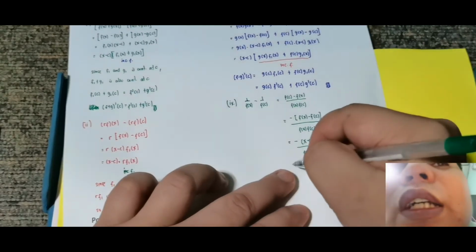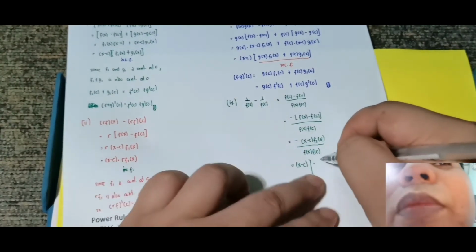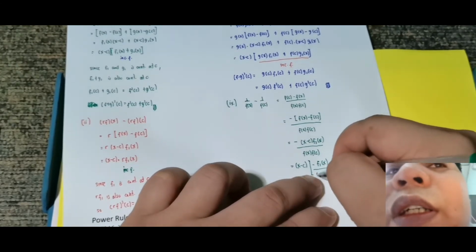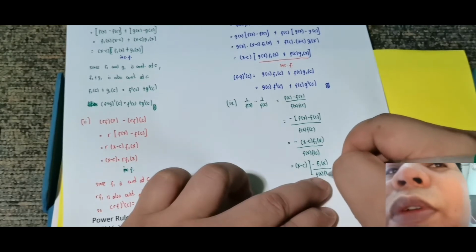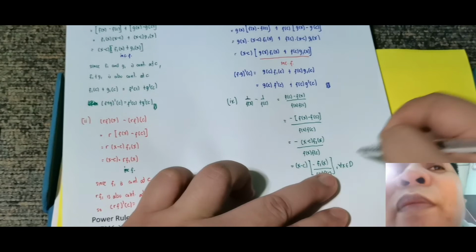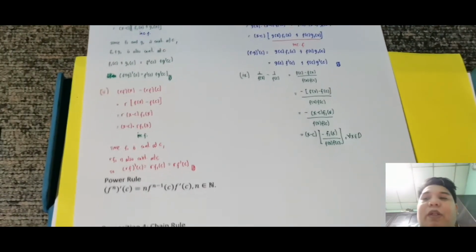Yes, we take out the x minus c. So this is x minus c multiplied by negative f sub 1 of x over f(x) f(c), for all x element of T. Note that this is continuous at c, continuous at c, continuous at c. So we can go right away.